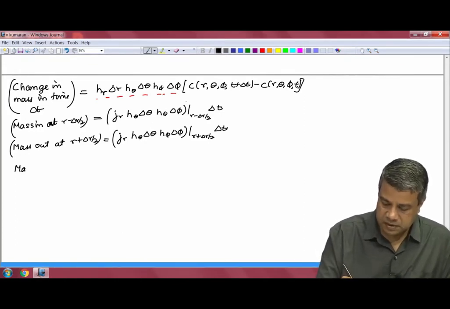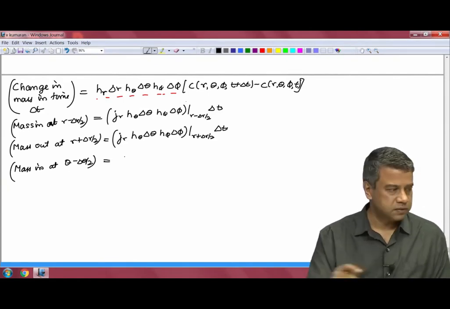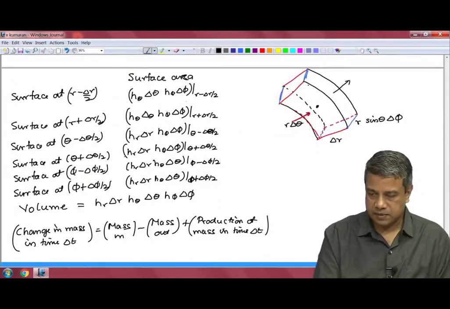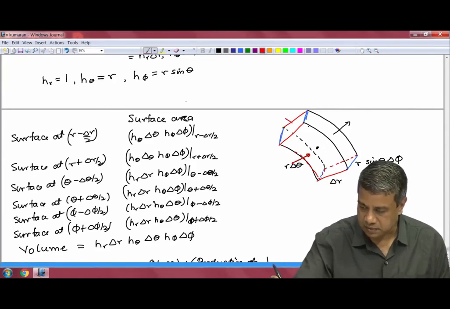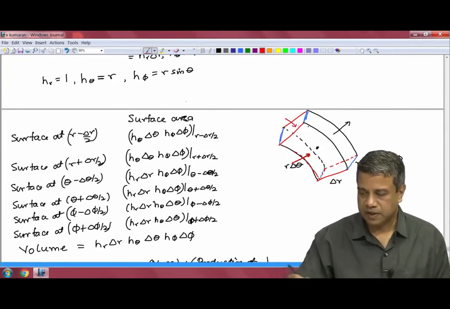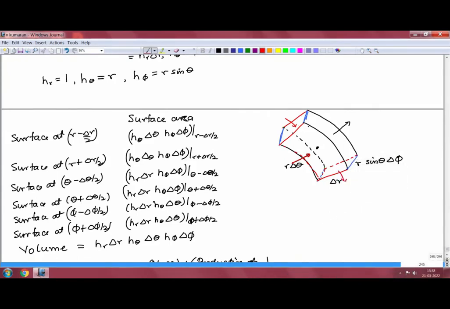Similarly, there is mass in at theta minus delta theta by 2. This is going to be the mass that is coming in at the surface at theta minus delta theta by 2, in the theta direction. There is mass out at theta plus delta theta by 2.